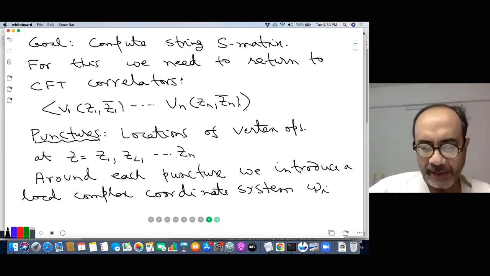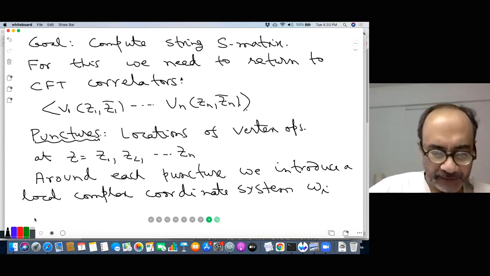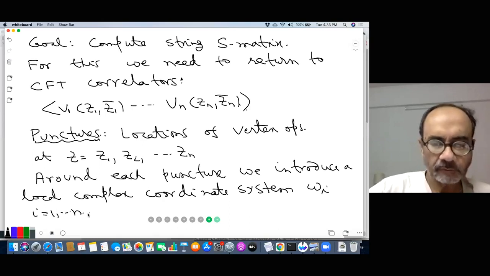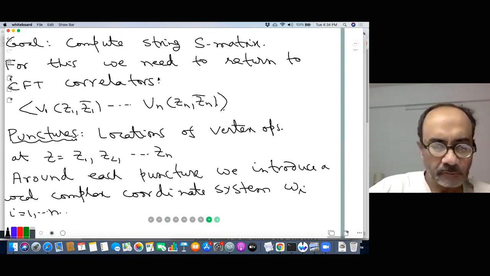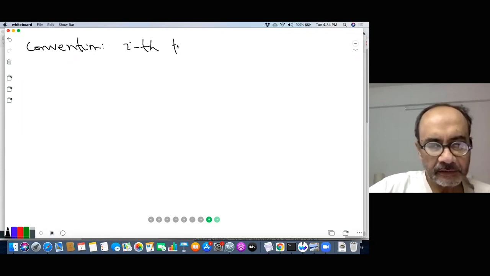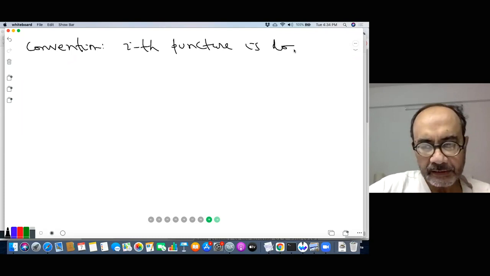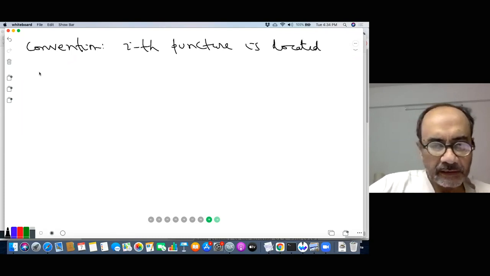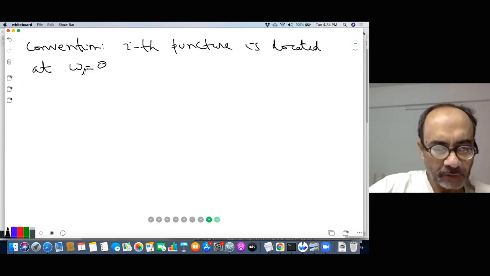And we do this separately for each puncture, i equal to 1 to n. So the convention that I'll be using is that the ith puncture is located at wi equal to 0.